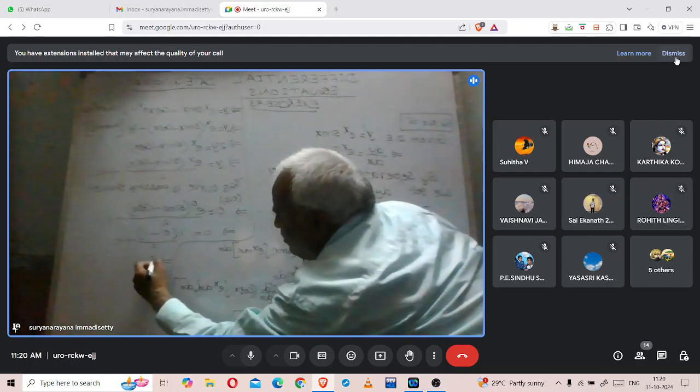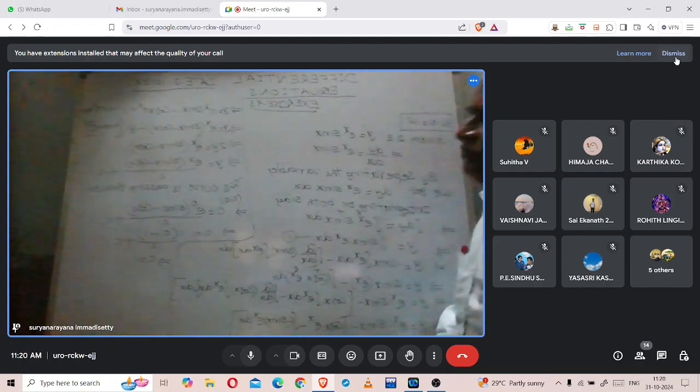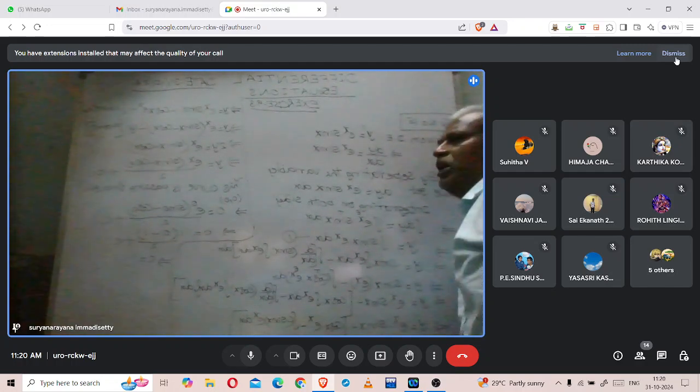From this equation we should get the c value. What is the c value? Tell me, solve the equation and tell me the value of C.